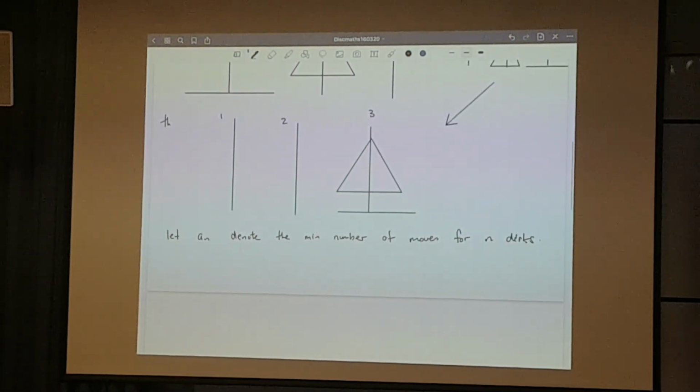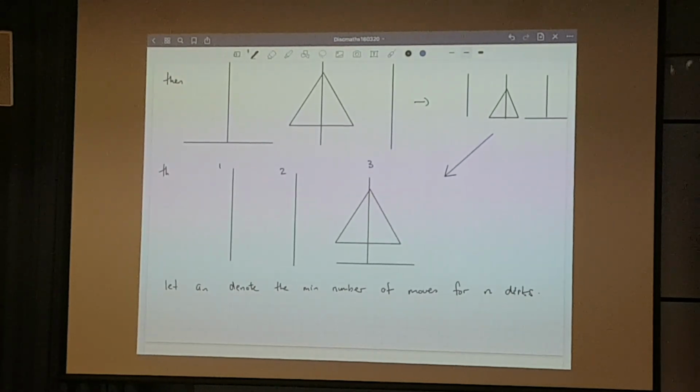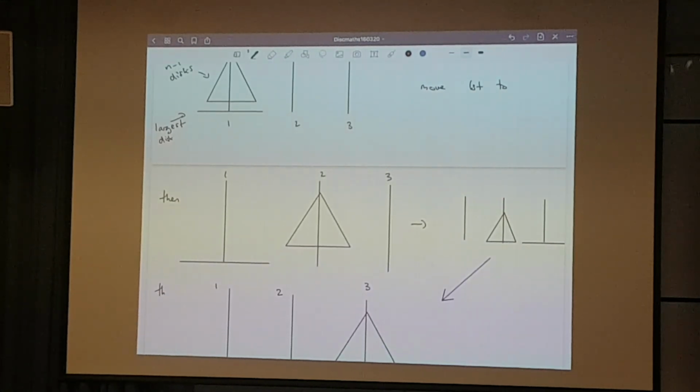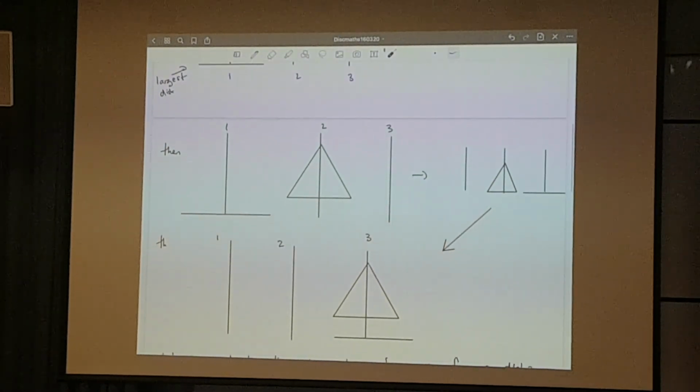Then this tells me the number a_n is equal to, well, let's think about it. In the first step, to turn this into this, I need to do a_(n-1) moves. Then I do 1 extra, and then I do a_(n-1) again.